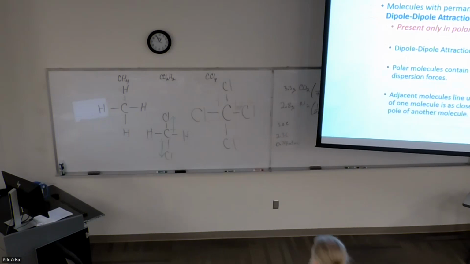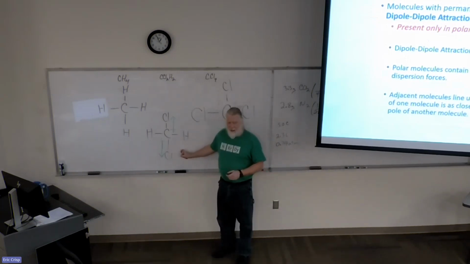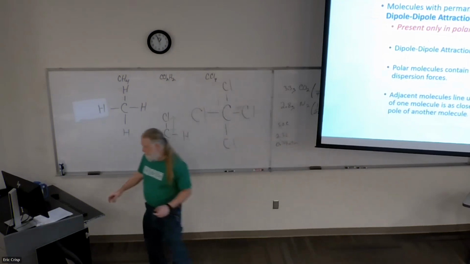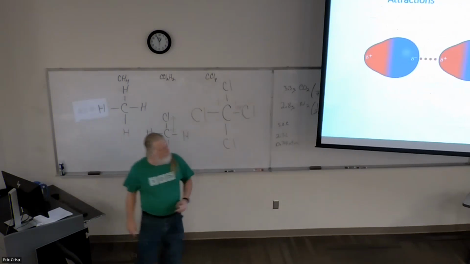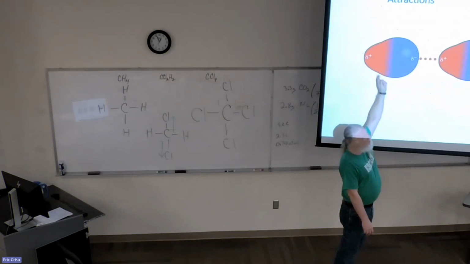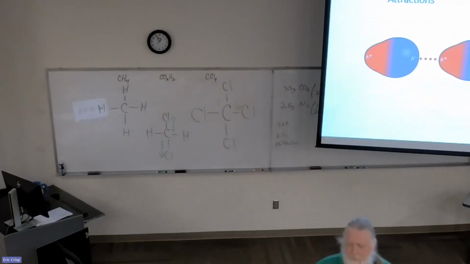I told you that this dichloromethane is in fact polar, okay? So let's think about this. The colors are switched here. Sometimes that happens, sorry. You've got a positive end and you've got a negative end.